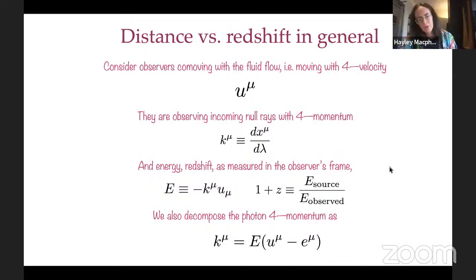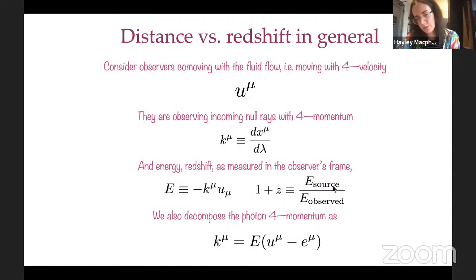And so before I show you her formalism specifically, just a bit of housekeeping to make sure we're all on the same page. So what we're doing is we're considering observers and emitters co-moving with the fluid flow, so moving with 4-velocity u^μ. And these observers are observing incoming null rays or photons with 4-momentum k^μ, and the energy and redshift are defined in the observer's frame. The energy is just the contraction of this 4-momentum of the null ray with the observer's 4-velocity.